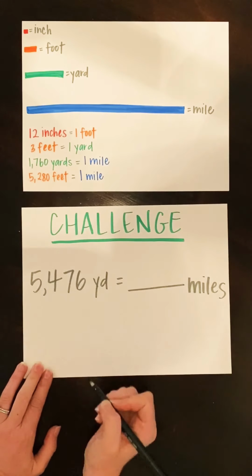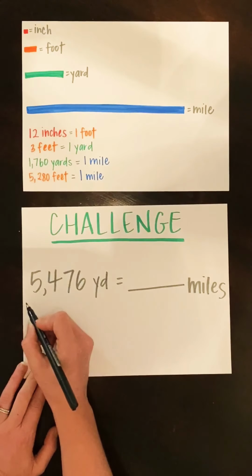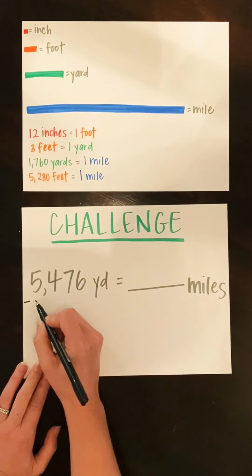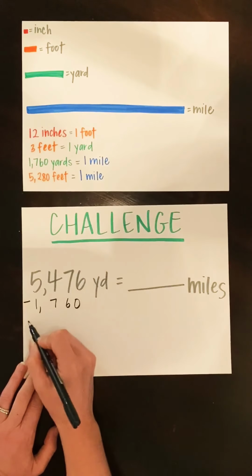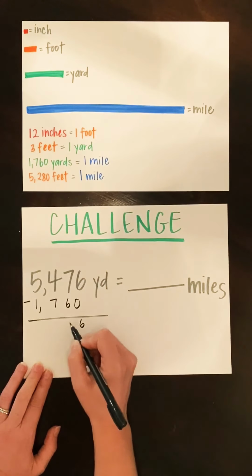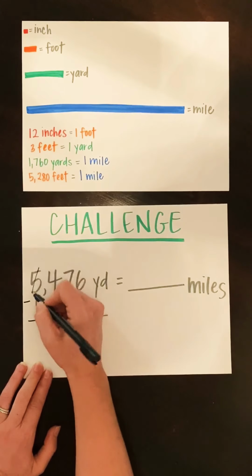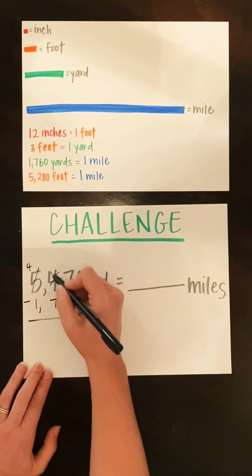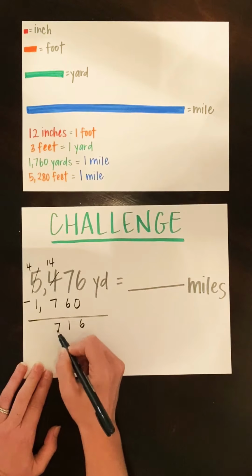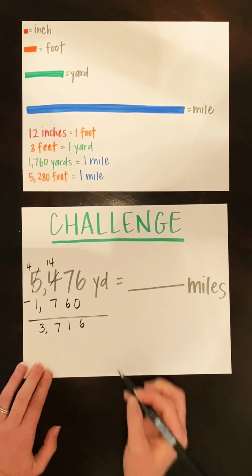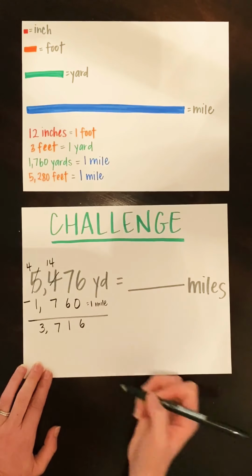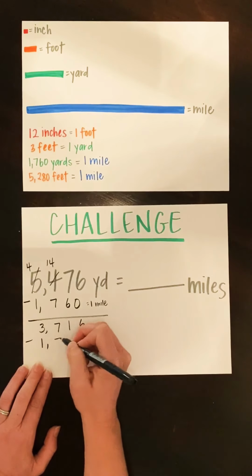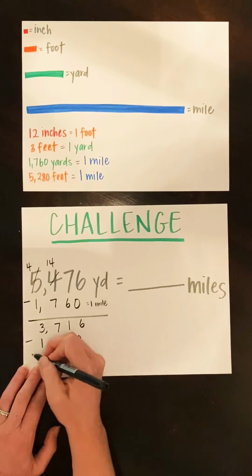So 5,476 yards, I'm going to subtract 1 mile in yards. To regroup here. Okay, so I'm just going to put this here for my thinking. That's a mile. I'm going to subtract another mile in yards.